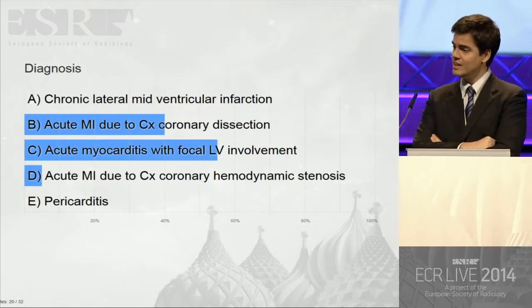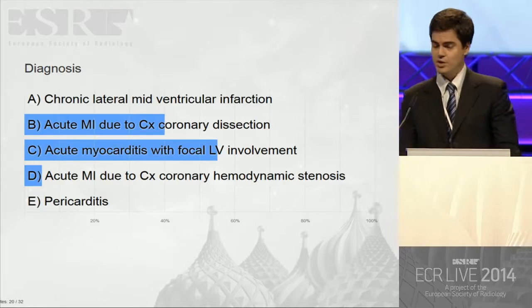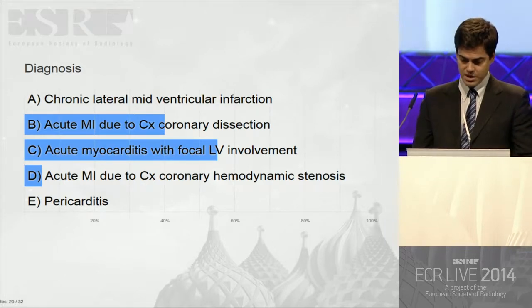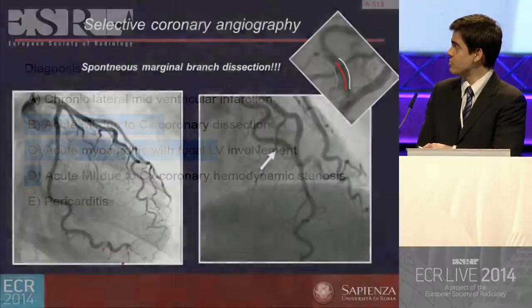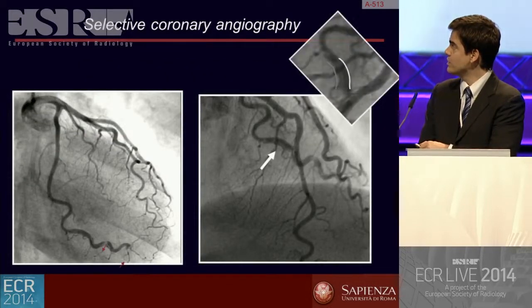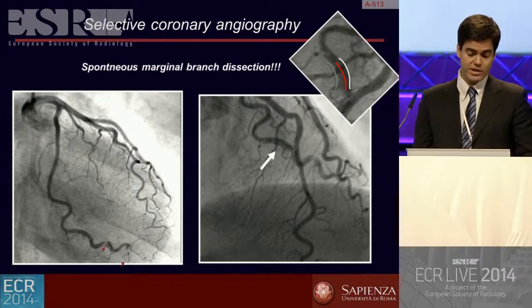Okay, there is a discussion about acute myocarditis versus dissection of the coronary. Let me go through the case again. It is a spontaneous marginal branch dissection. If you look at this image, there is a line here that spontaneously arose.